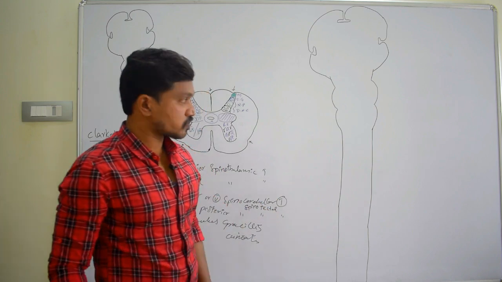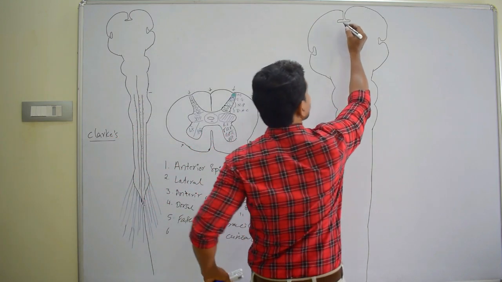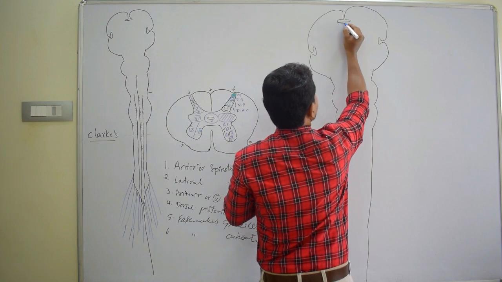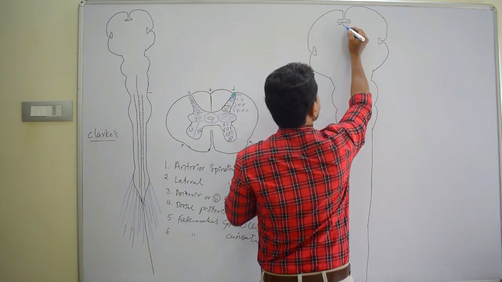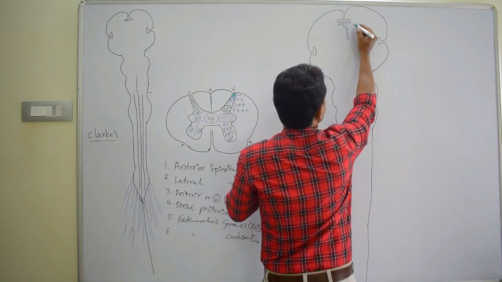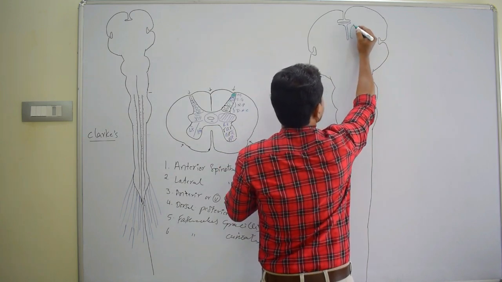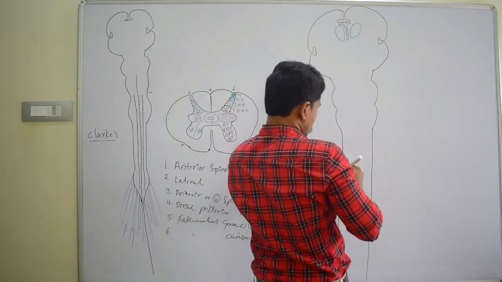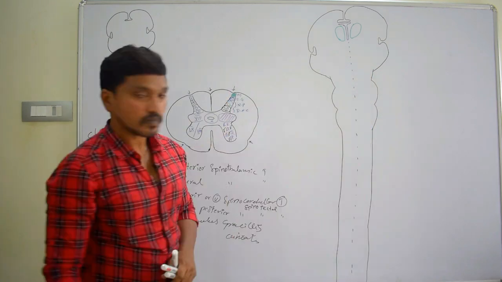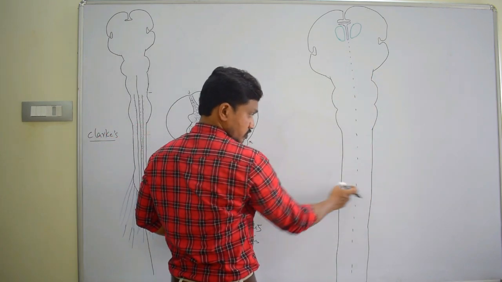If you observe here, you can see one ventricle. What is this ventricle? Third ventricle. On either side of the third ventricle, you can find the mass of grey matter called thalamus. This is the midline.